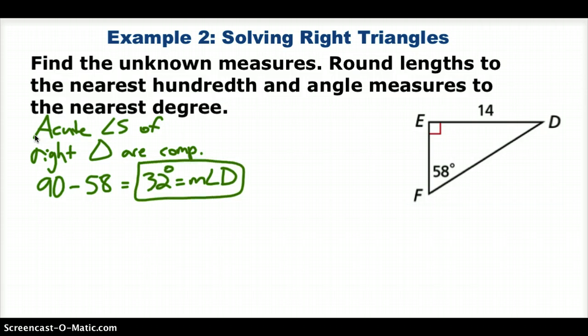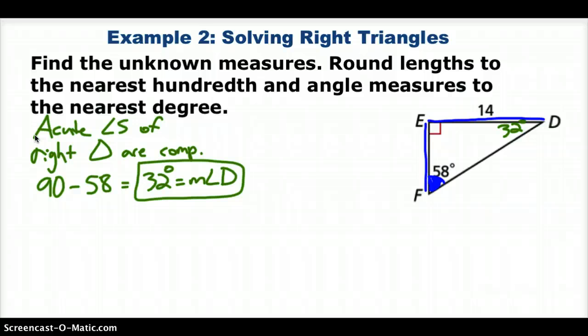Okay, and I'm just going to write that in here in green just so we know how I got that. Again, lots of ways I could go about this. Maybe I'll look at this problem in the context of angle F. If I'm trying to figure out EF, EF would be the adjacent leg here, and ED would be the opposite leg.